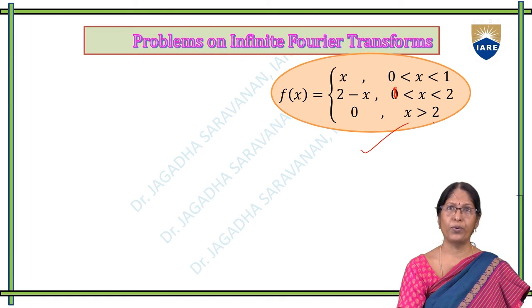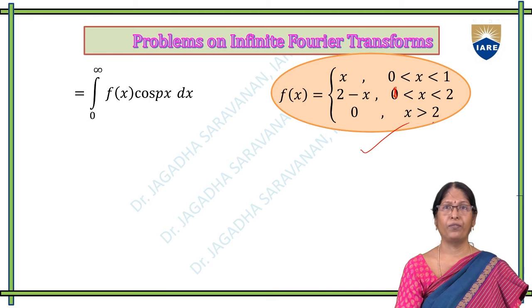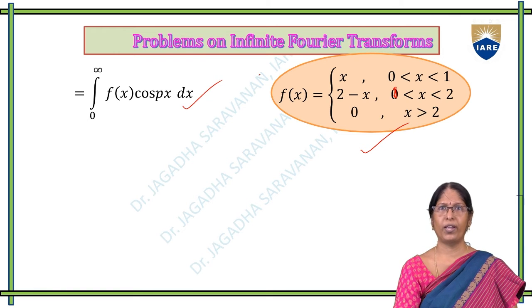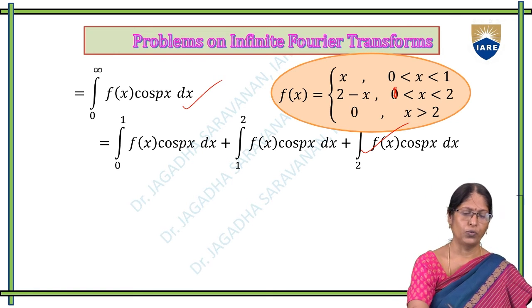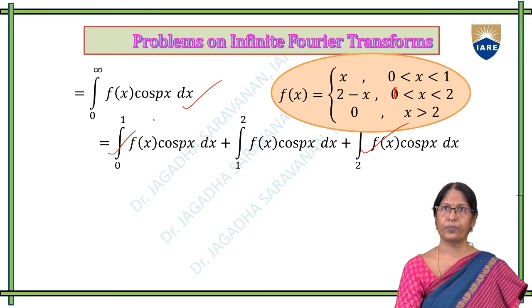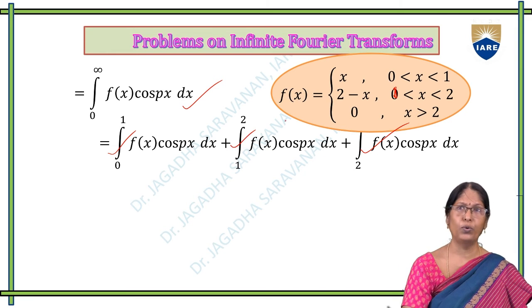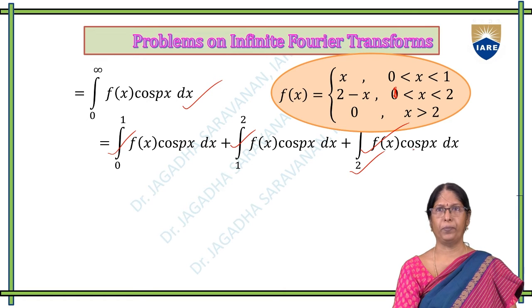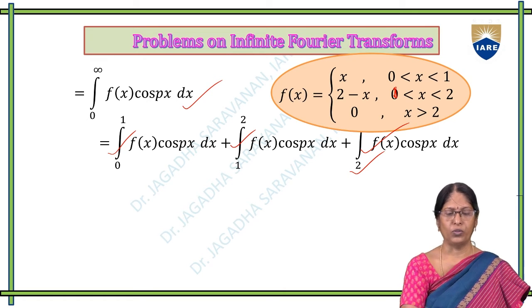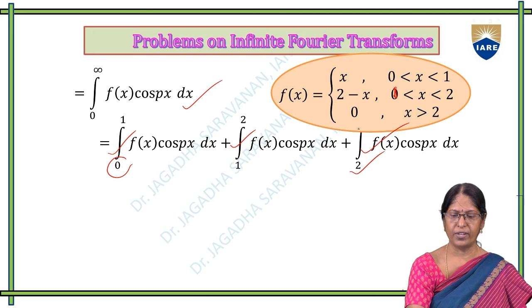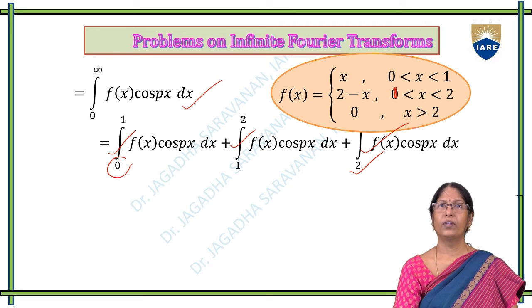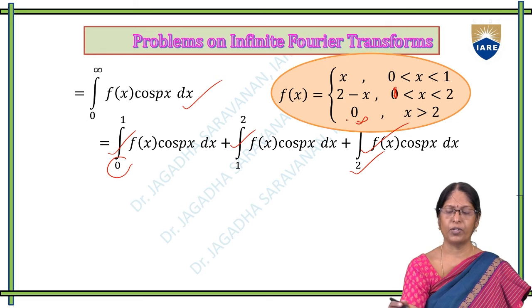This is our equation. So 0 to 1, next 1 to 2, and this is 2 to infinity. The 0 to infinity is hiding here, with infinity on top of it.